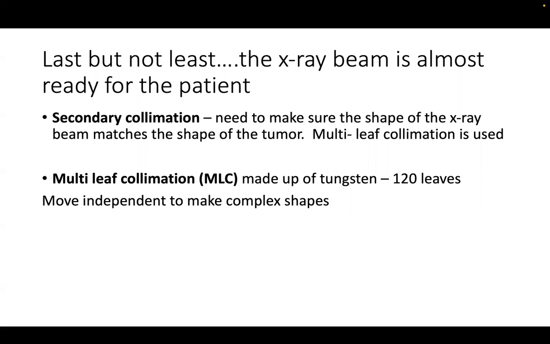And the MLCs are also made out of tungsten, and in a Varian machine, there's approximately 100, usually it's 120 leaves, and they can move independently to make very complex shapes.